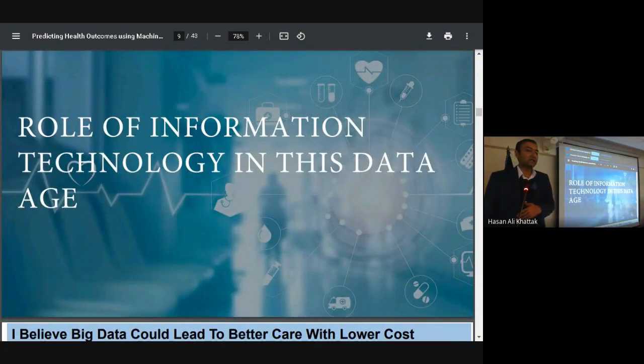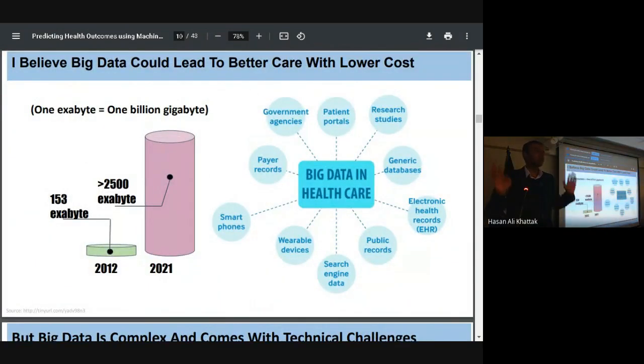And when I say the role of information technology in this data age, you are all computer science students, so everyone is familiar with the word big data.